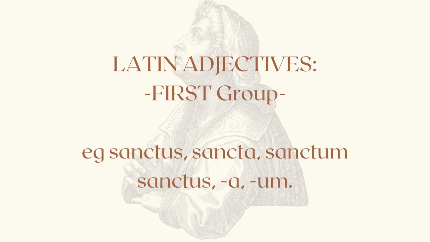A dictionary or a vocabulary listing will give the adjectives in this order, masculine first, then abbreviations of the feminine and neuter forms, similar to what you've seen in our noun listings. So an example that I've given you is sanctus, meaning holy.